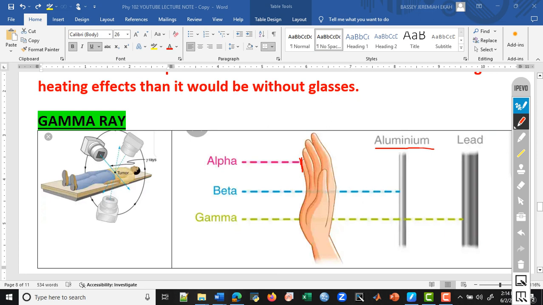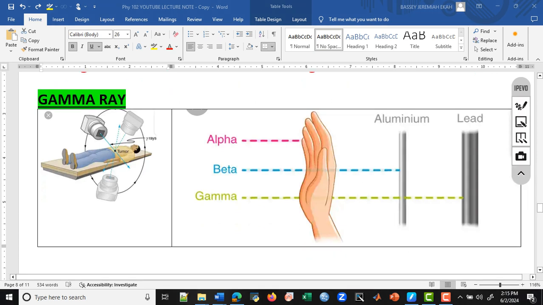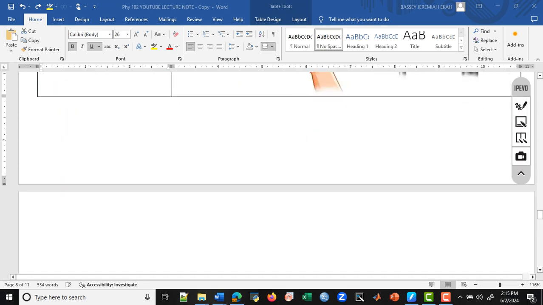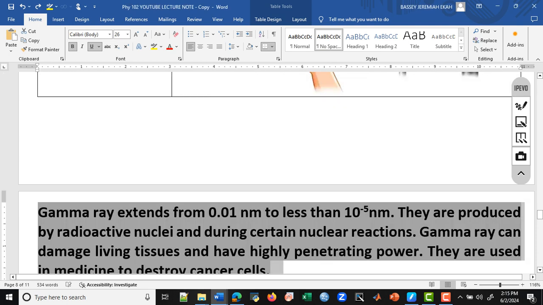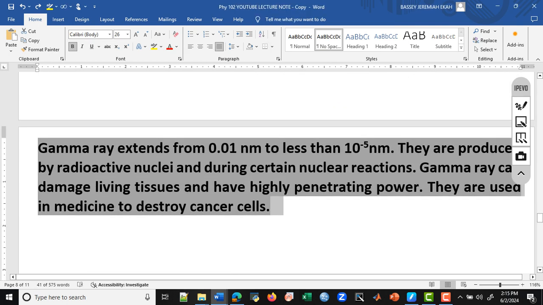Okay, let's go to the proper explanation. Gamma ray extends from 0.01 nanometer to less than 10 to the power minus 5 nanometer.